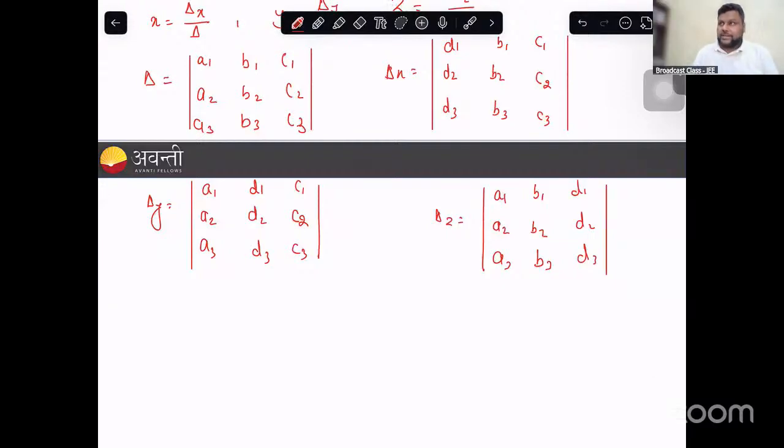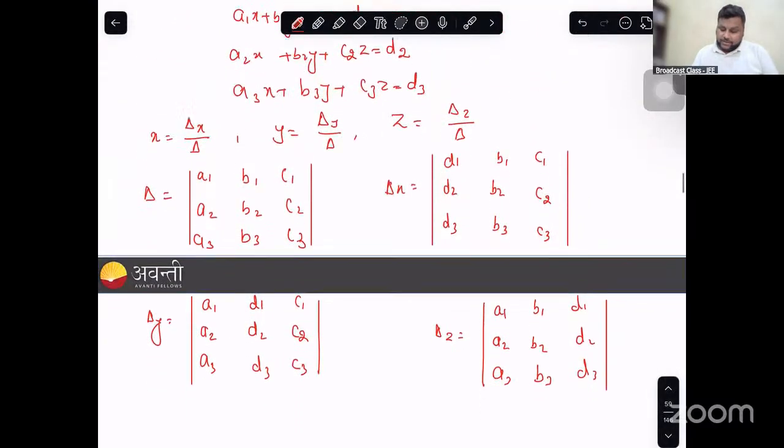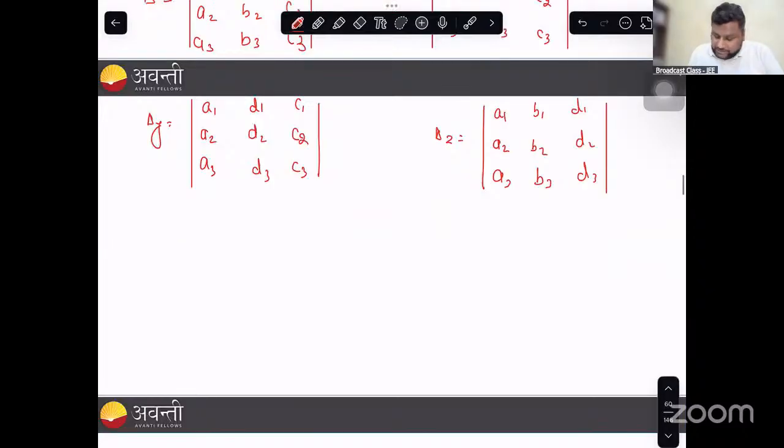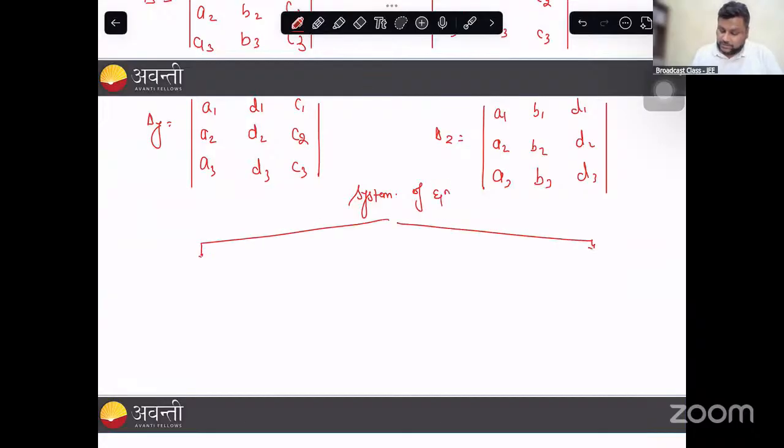Now, since you are now aware of delta, delta x, delta y, delta z, this system of equations, we call it a consistent system or we call it an inconsistent system.